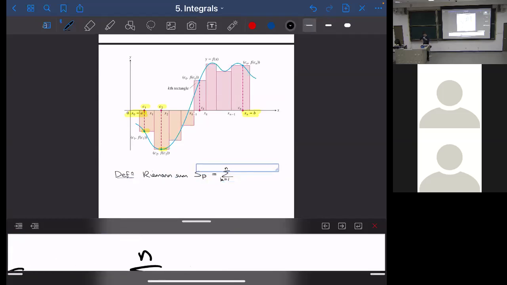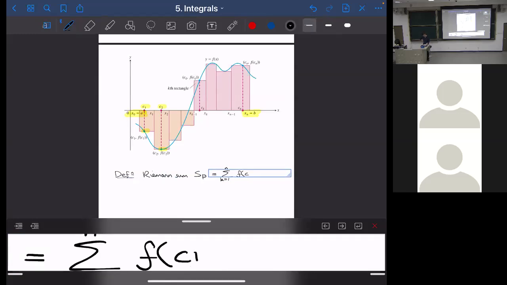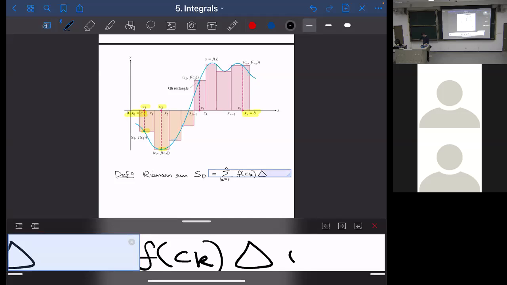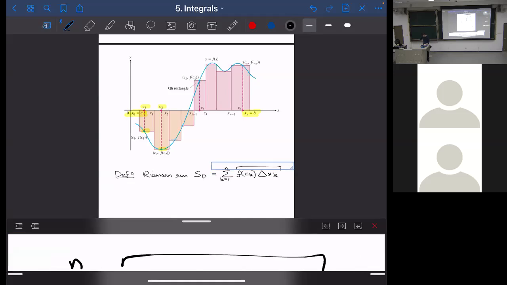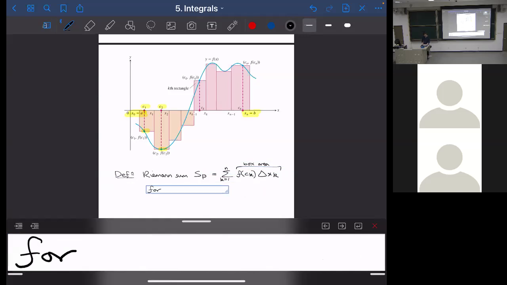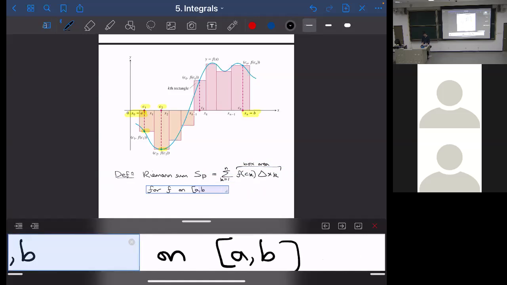There are n boxes here, and I'm going to sum over the area of the boxes. And that's f(c_k) times delta x_k. I'll just write, this is the box area. And this is for our function f on the interval [a, b].